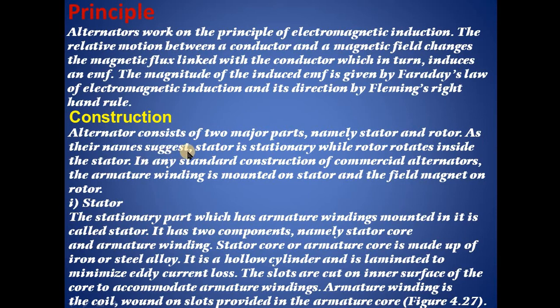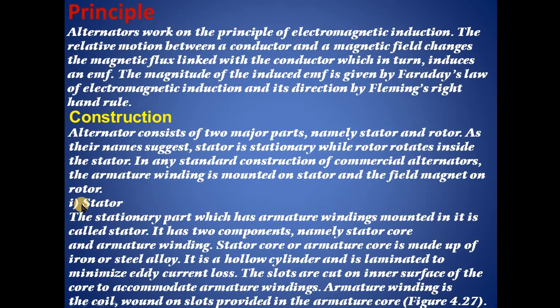As their names suggest, stator is stationary while rotor rotates inside the stator. In any standard construction of commercial alternators, the armature winding is mounted on stator and the field magnet on rotor.